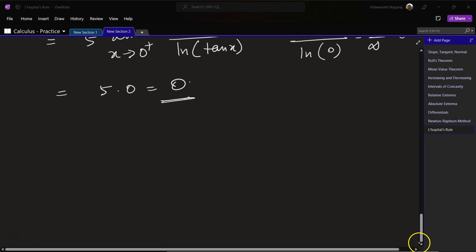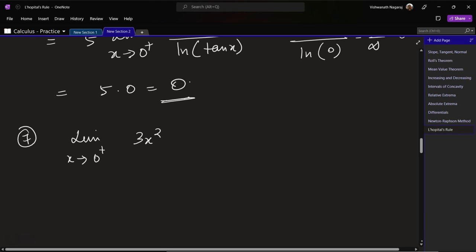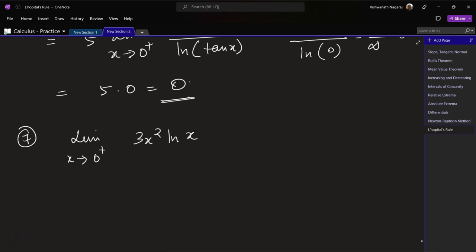Let's look at the seventh one. This is limit as x approaches 0 from the positive side of 3x square natural log of x. Now, if we directly substitute it, we get 0 times natural log of 0, which is minus infinity. So it is one of the indeterminate forms.